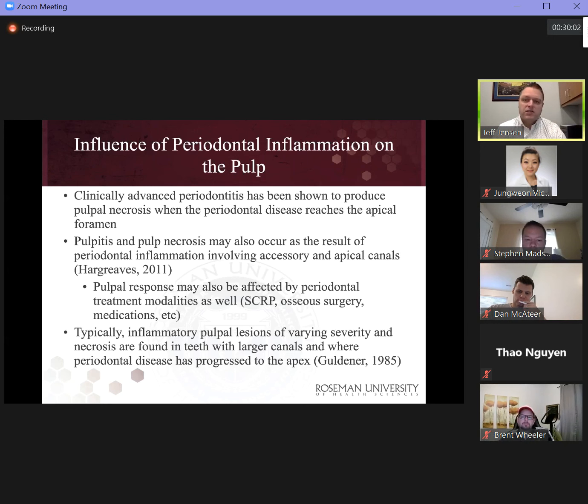So I do inform the patient that this is close to the nerve, and sometimes there's some communication and crossover there. But as far as accessory canals and things, that's a pretty rare thing to have happen if it's going to be affecting the periodontium versus the pulp.